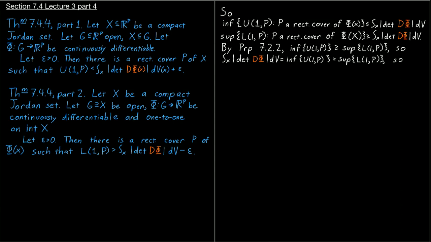So put another way, 1 is integrable on phi of X, which means phi of X is Jordan, and the volume of phi of X is equal to that integral.